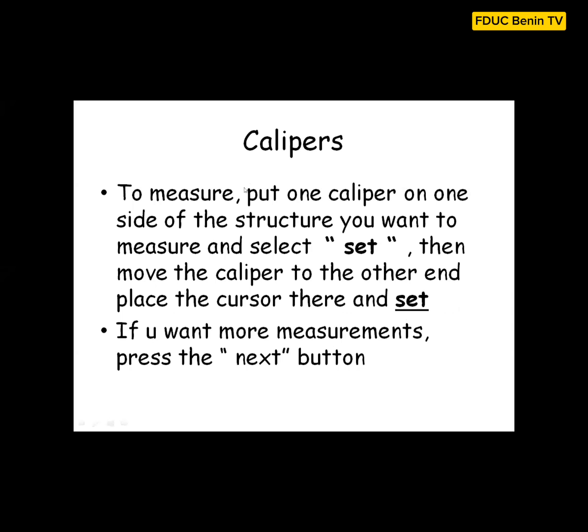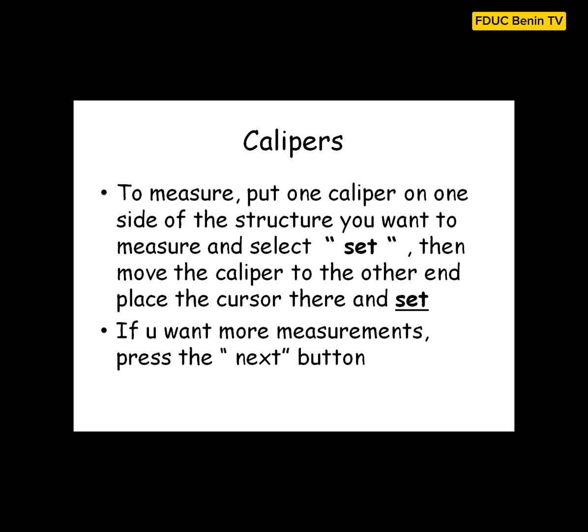For example, if you want to take a linear measurement, like femur length, you click on the caliper, then you see a small icon or cursor come up. You use your trackball to move it to one end of the femur, then you click set, so that stabilizes it or puts it in place.